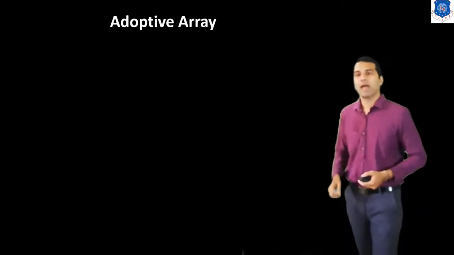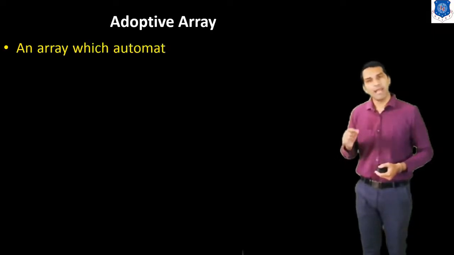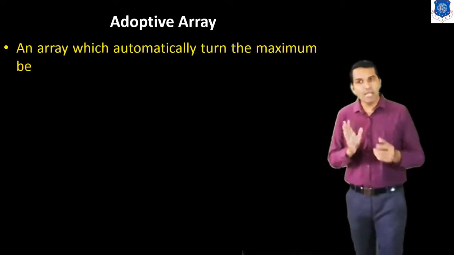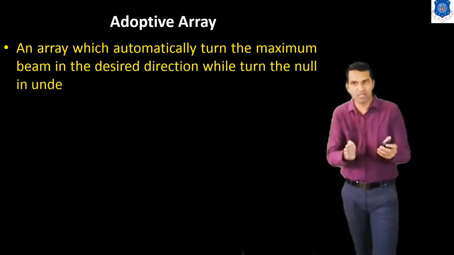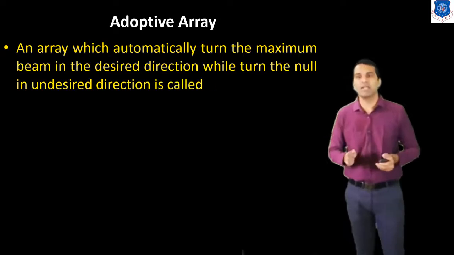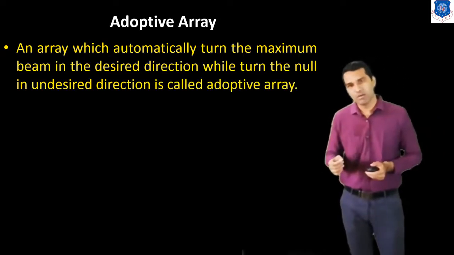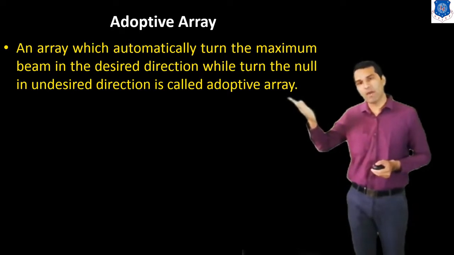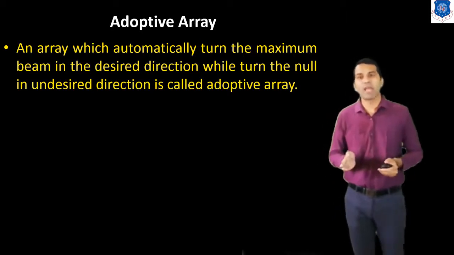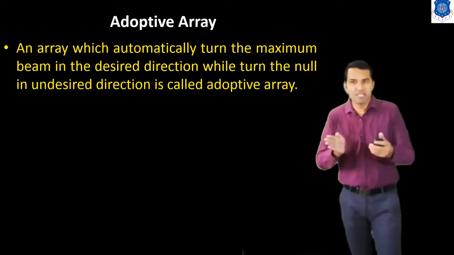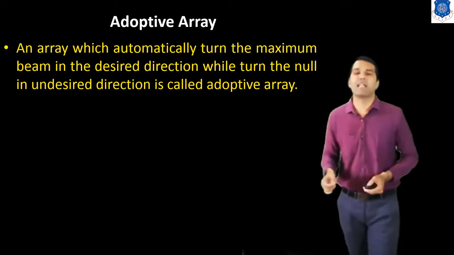And the last one is the adaptive array. An array which automatically turns the maximum beam in the desired direction while placing the null in the undesired direction is called an adaptive array. That means from this type of antenna, we can place our maximum radiation, or the major lobe, in our desired direction and also a null in the undesired direction.